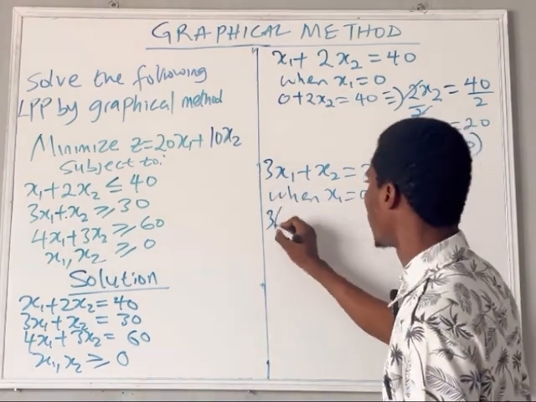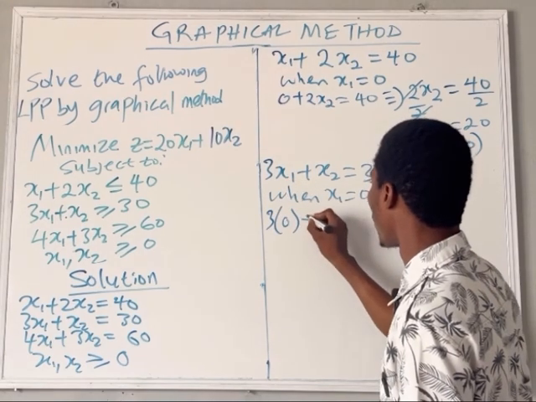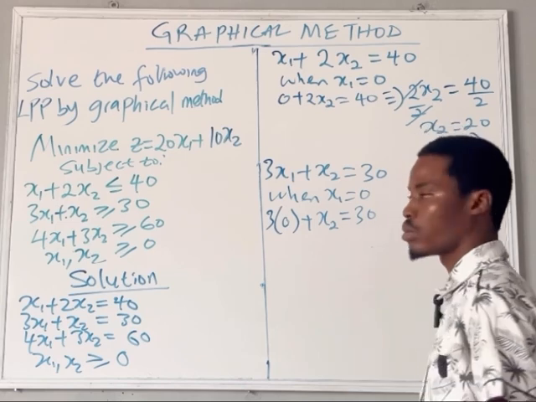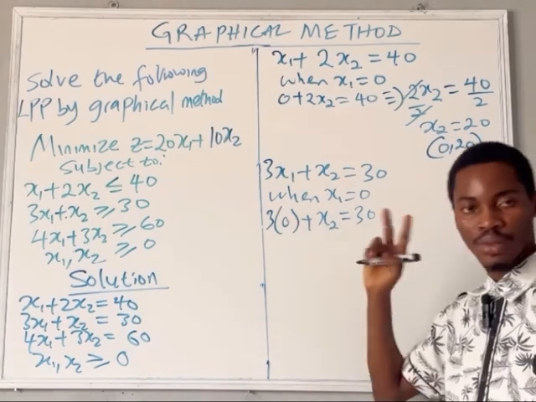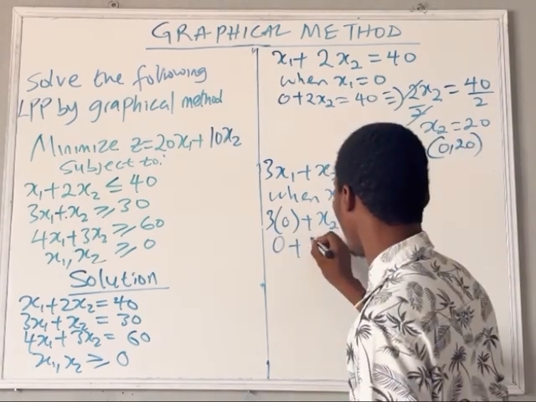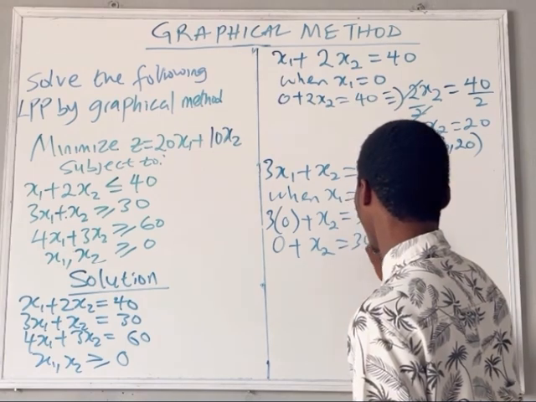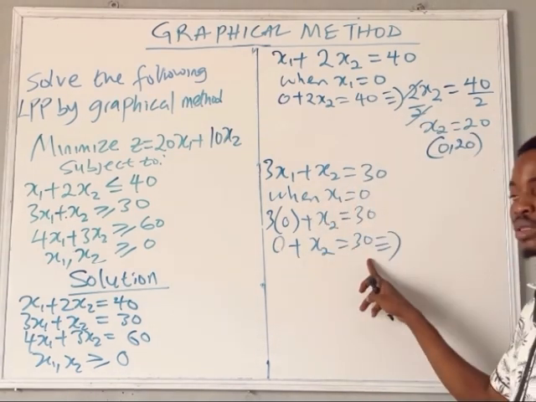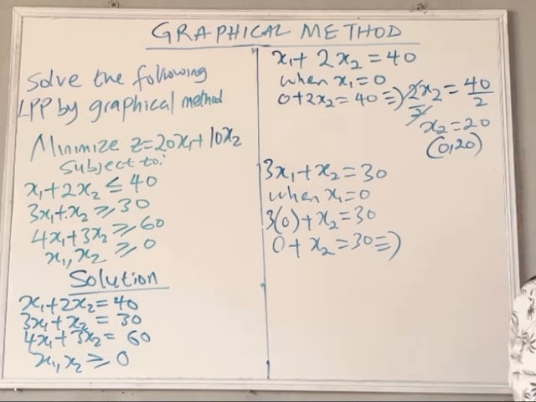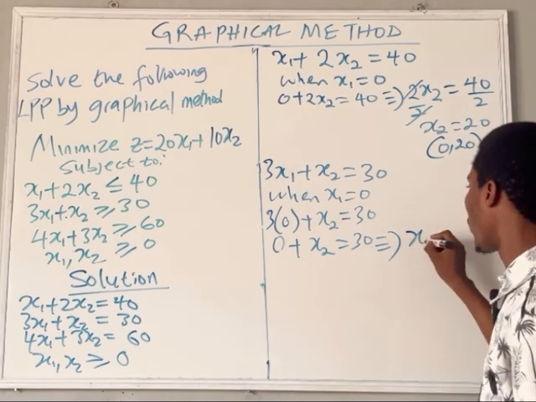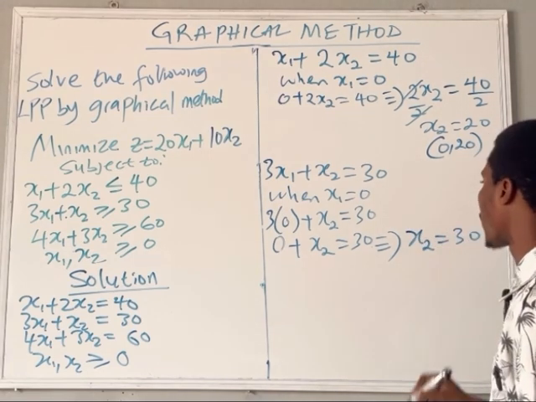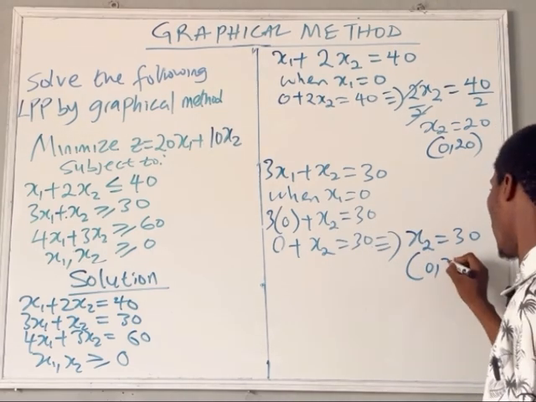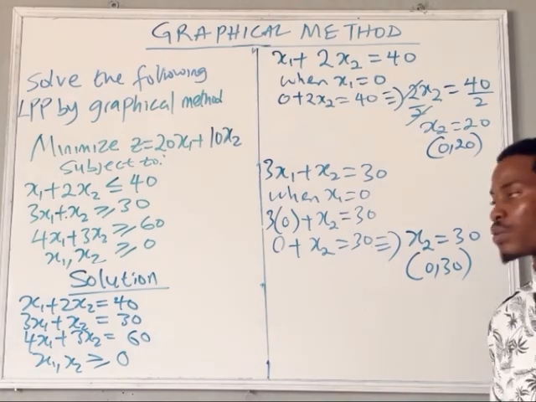We're going to have 3 times 0, which is 0, plus x2 is equal to 30. If you take 0 to the constant side, it will be 30 minus 0, which is 30. We are going to have x2 is equal to 30. So when our x1 is 0, our x2 is 30. You will write the point out.